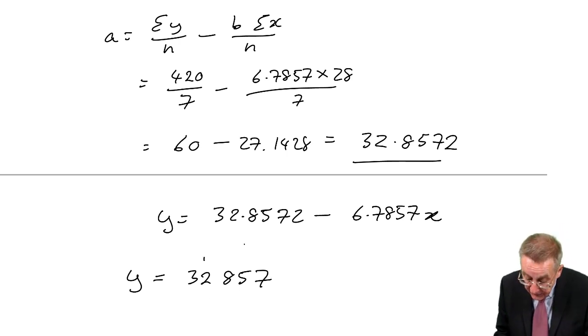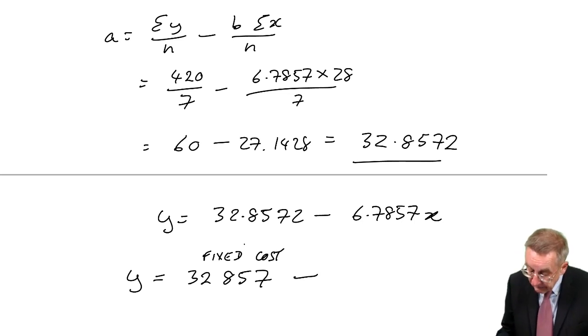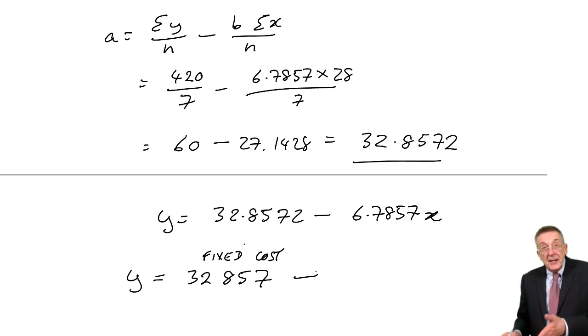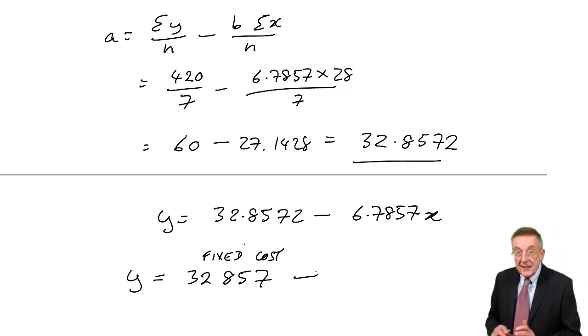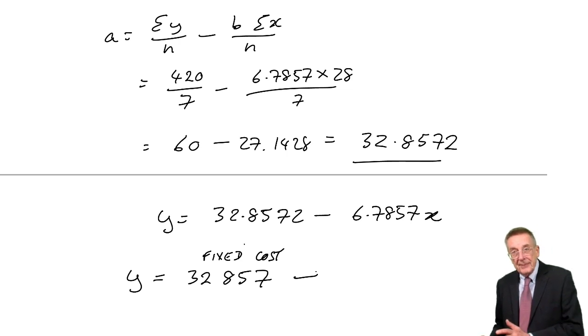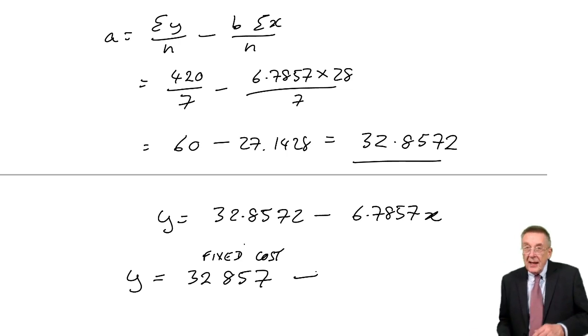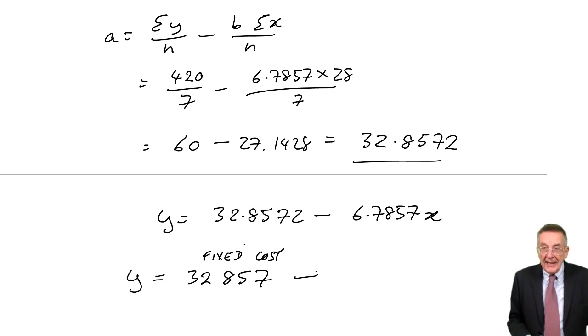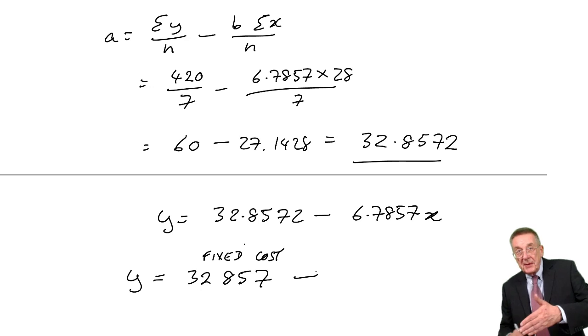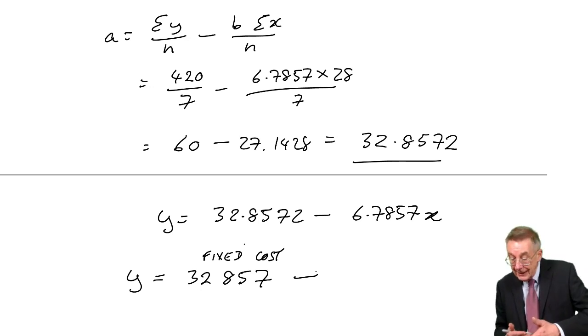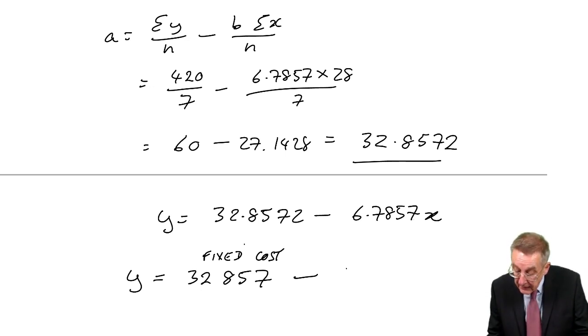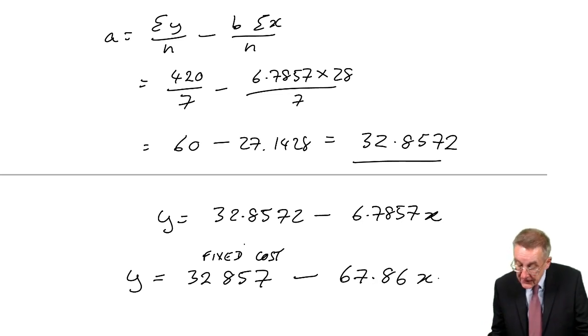And that, of course, is the fixed cost. Minus, well, again, Y was in thousands, so it should be 6,000 times X. But my X's were in hundreds. So we need to multiply by 1,000, but divide by 100, which is the same as multiplying by 10, 67.86x.